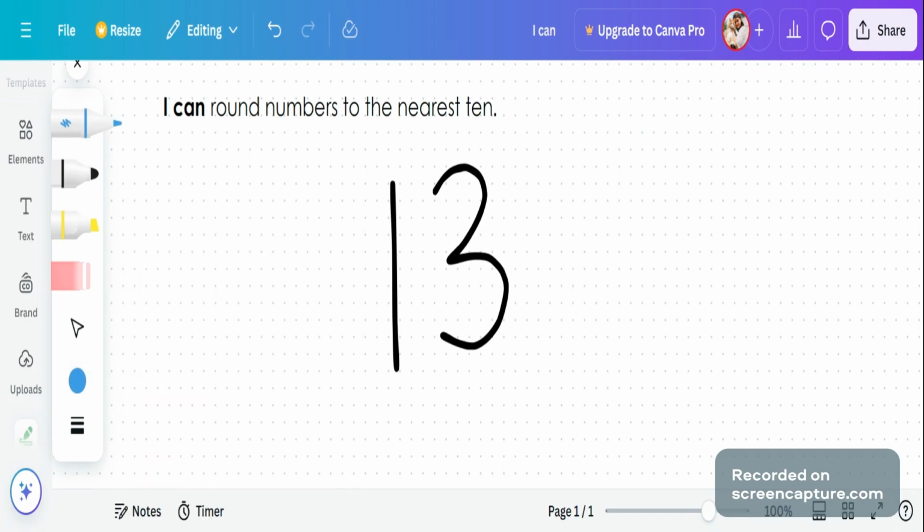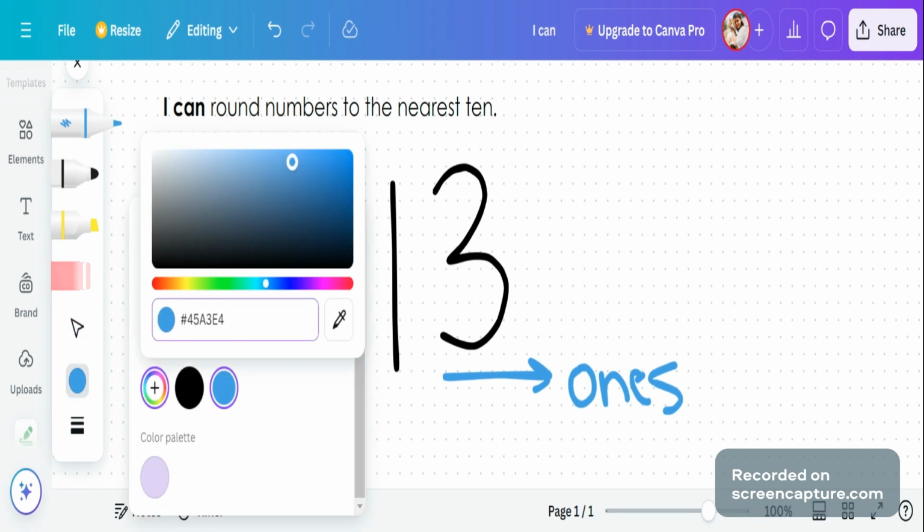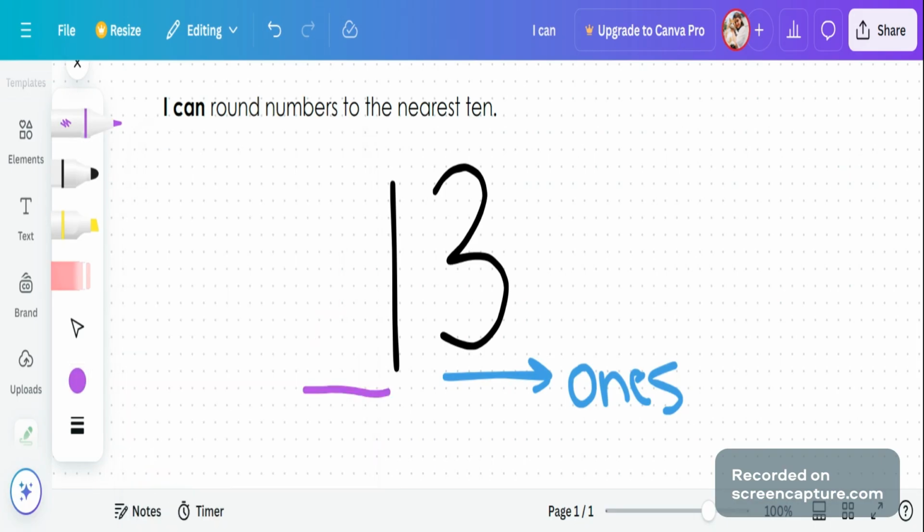If you said 3, then you are correct. 3 is in the ones place. So, what number is in the tens place? If you said 1, you are correct. 1 is in the tens place.